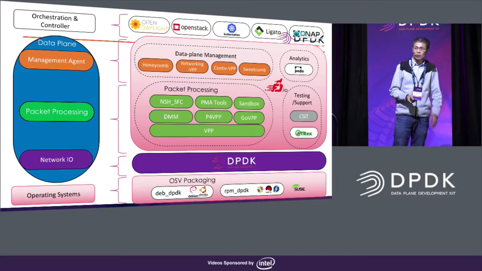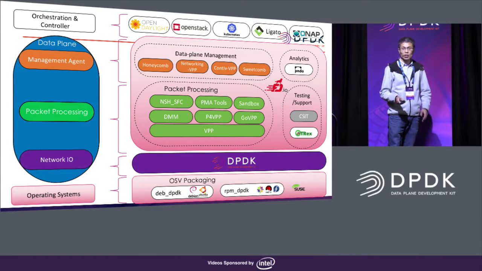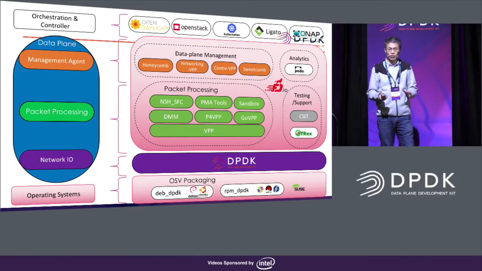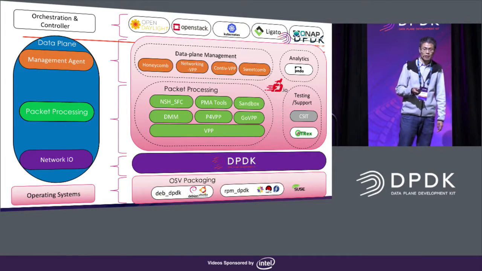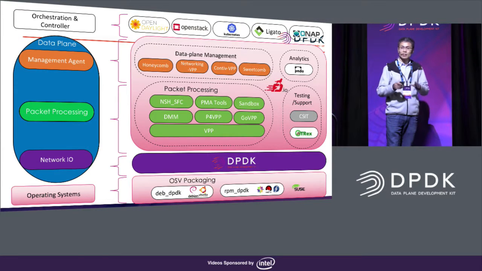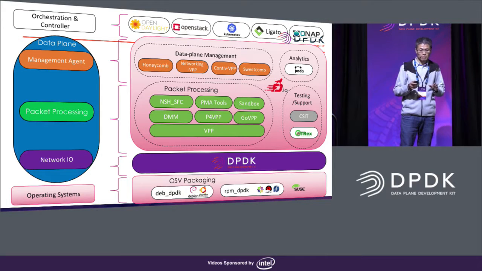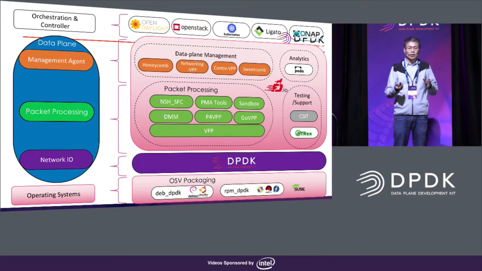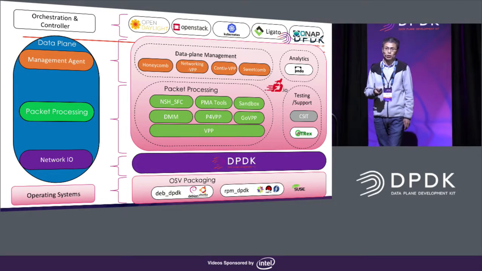On the packet processing side, there are many sub-projects. The core is VPP, which means vector packet processing. It handles thread handling, memory management, and the IPv4, IPv6, layer 2, and layer 3 protocols.